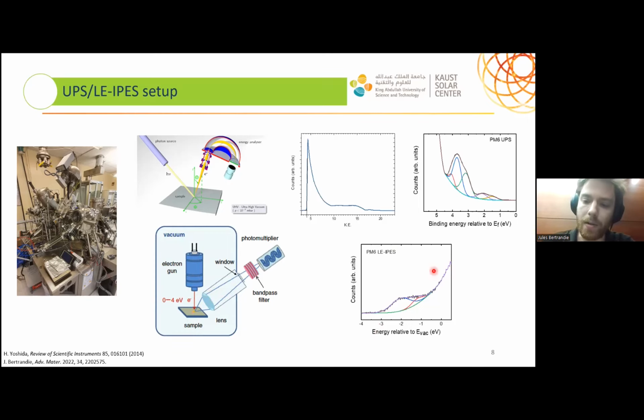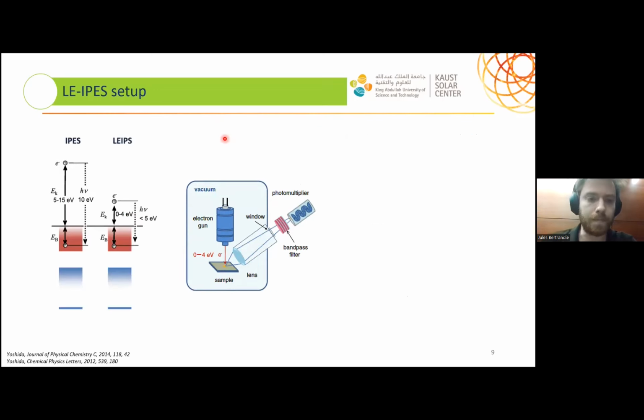From there, we have this spectra, and as before, we do the Gaussian fitting, and we take the tail of this Gaussian, and then we have direct access to our electron affinity. I just want to focus a bit more on the low energy IPES.